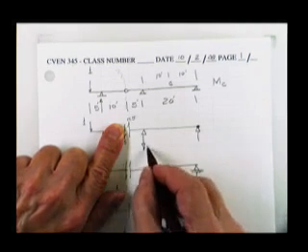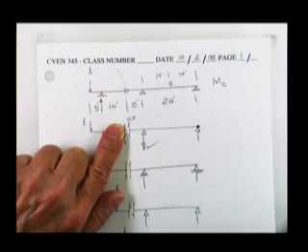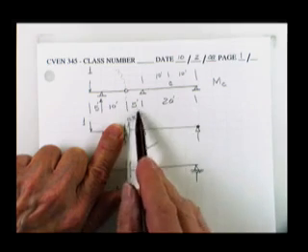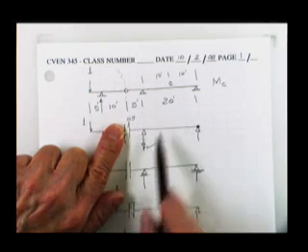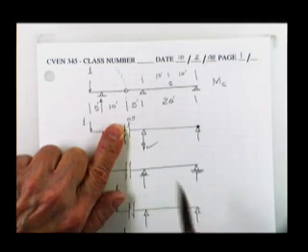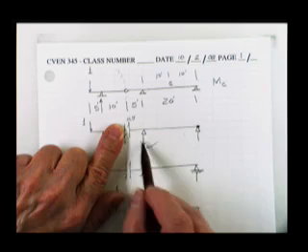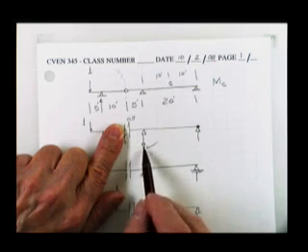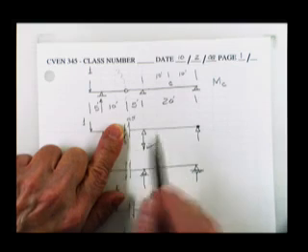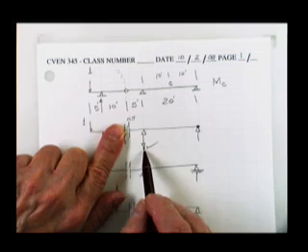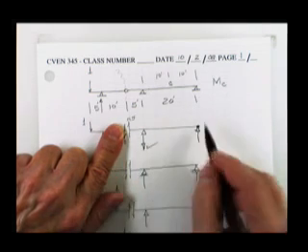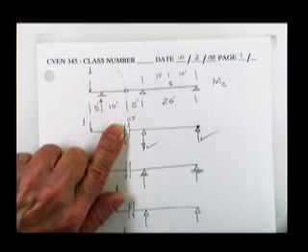Sum moments about this point to get 0.5 times 25 to balance this reaction times 20. And then I'll sum forces vertical. Since this is further out, this will be bigger than a half. Who knows, maybe 0.7. And therefore, this is winning in the vertical direction, so this reaction will go up. I'll sum forces vertical, and I have that right there.